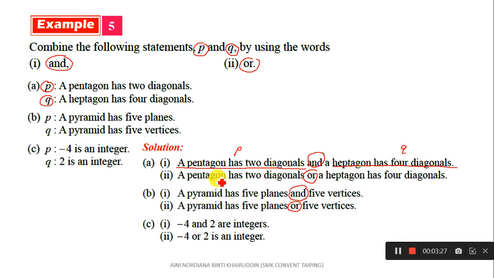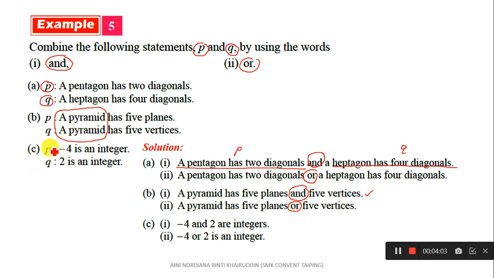Since these two have equal words, we just write them once only. A pyramid has 5 planes and 5 vertices. So this is the first compound statement by using the word "and". And for the second compound statement: a pyramid has 5 planes or 5 vertices. So this one, we use the word "or".